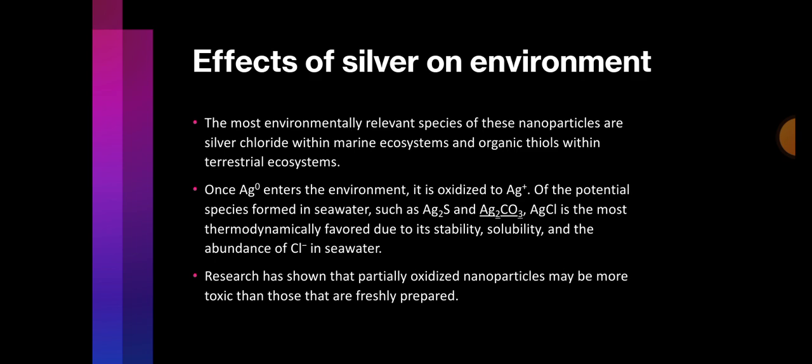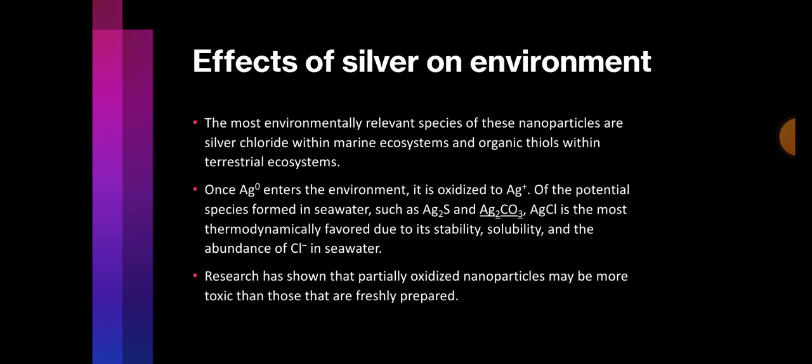Effects of silver on environment. The most environmentally relevant species of these nanoparticles are silver chloride within marine ecosystems and organic thiols within terrestrial ecosystems. Once Ag0 enters the environment, it is oxidized to Ag+, and potential species form in seawater, such as Ag2S and Ag2CO3.